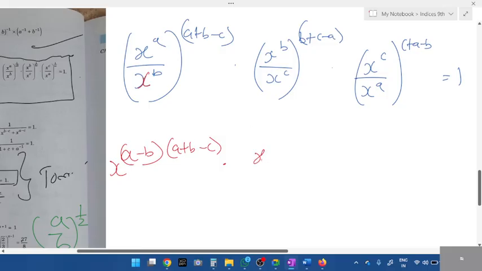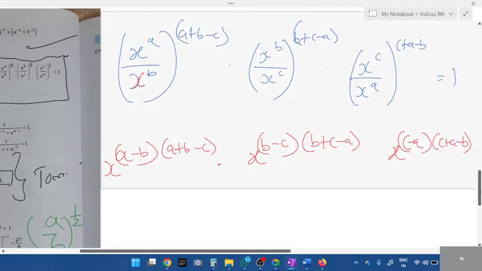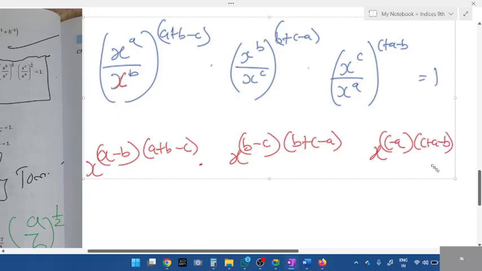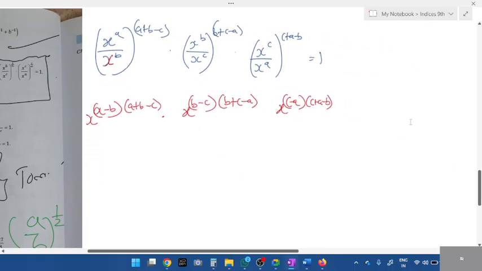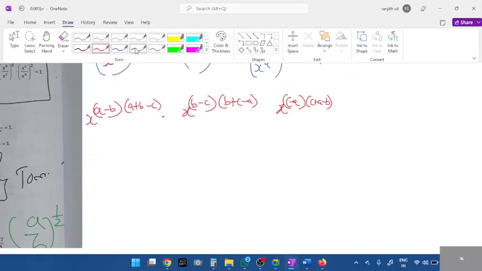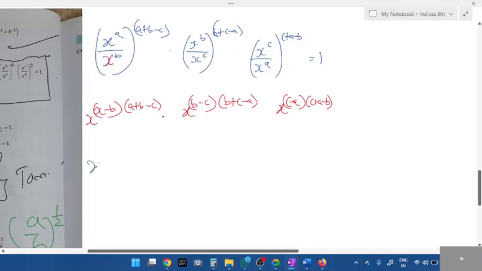Next, b minus c into b plus c minus a into c plus a. Okay, how do you use bracket rule, students? How do you use bracket rule and multiply? Yes. For this, how do you use bracket rule?